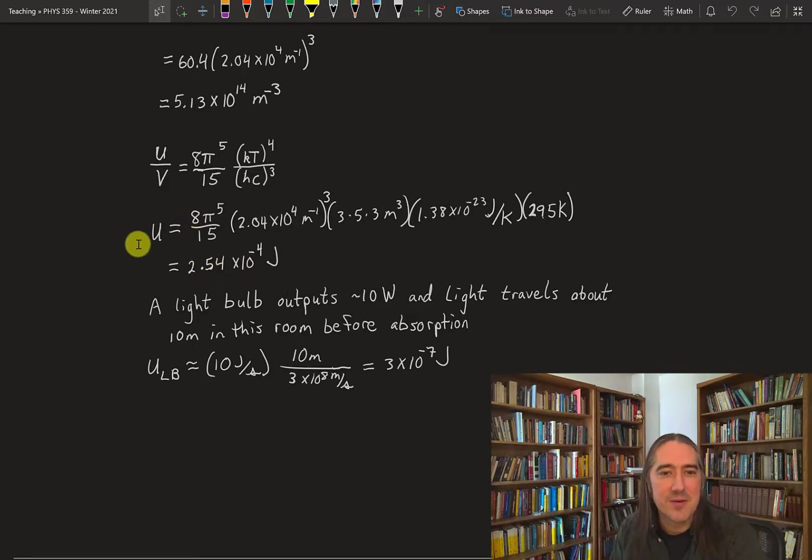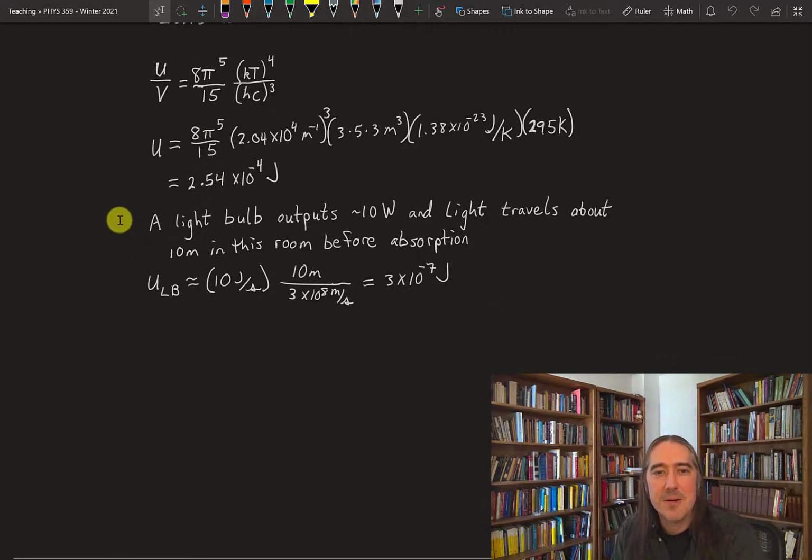For comparison, I thought this was a bit of a fun comparison. A light bulb, one of these nice modern LED lights, outputs about 10 watts of light, and the light travels in the room. I've got pretty light colored walls, so it's going to bounce once or twice before it's absorbed on average. So let's say the light travels about 10 meters before it's absorbed.